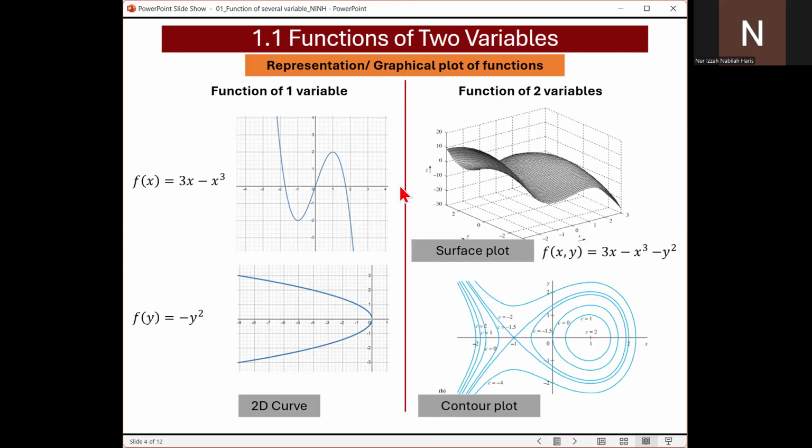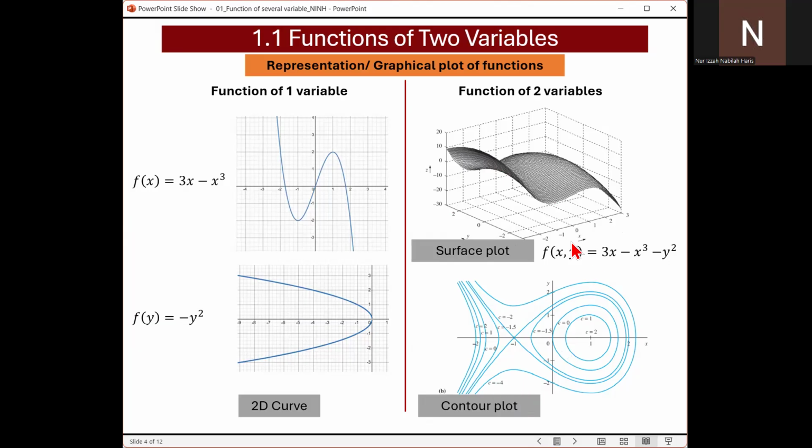But when it comes to function of two variables, you will have a 3D curve, 3D surface plot. Or you can also represent it using contour plot.